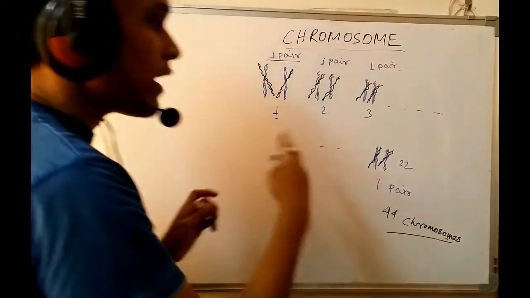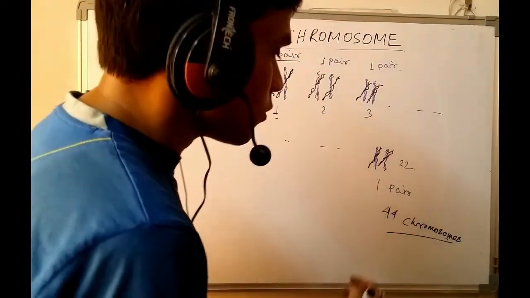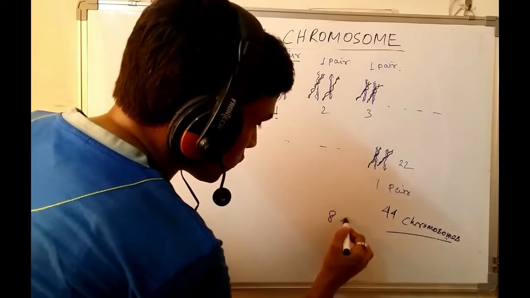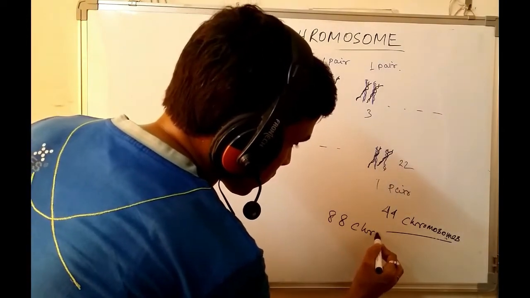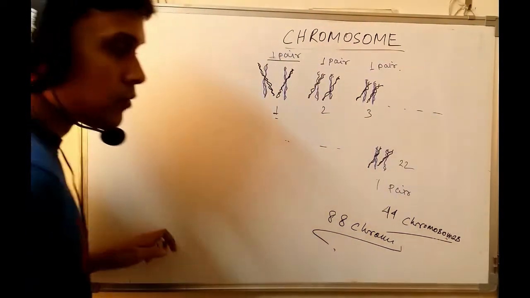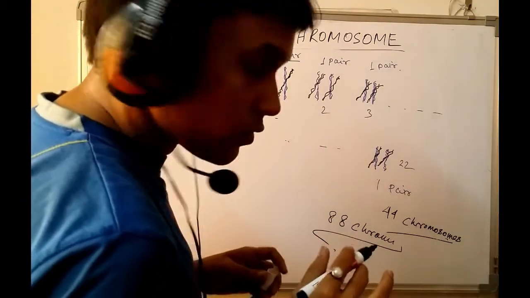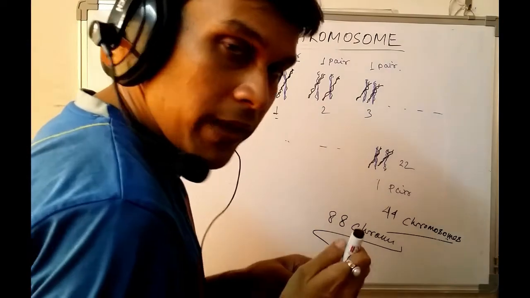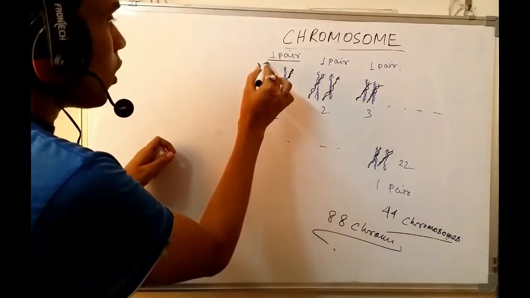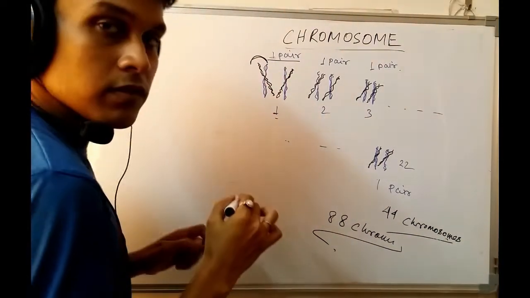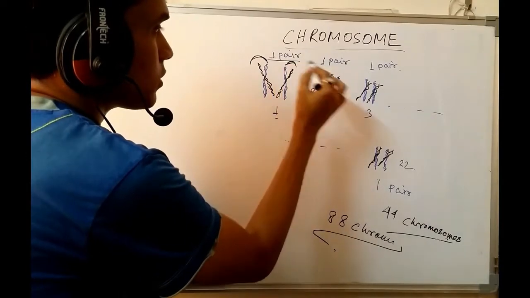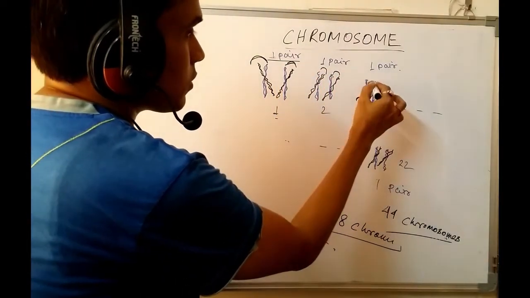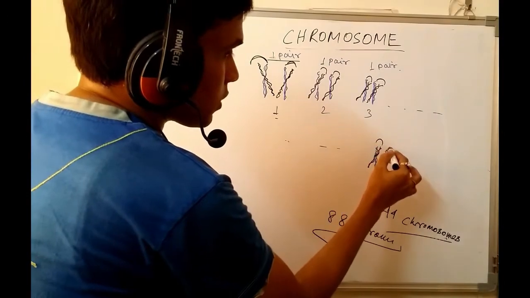So instead of getting only 44 chromosomes, you are getting 88 chromosomes because they are replicated. Now these are sisters. These are all sister chromatids.